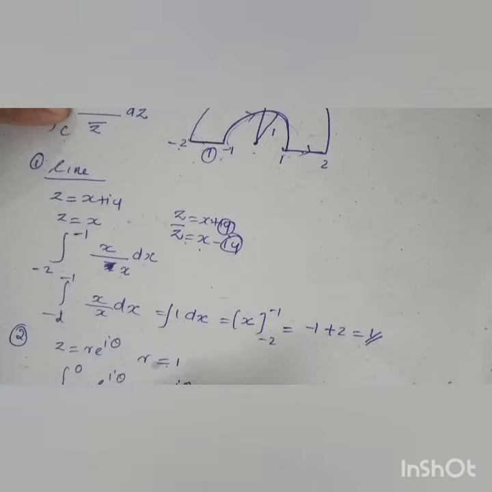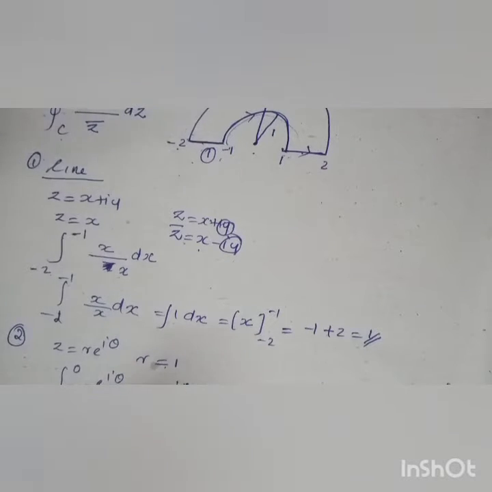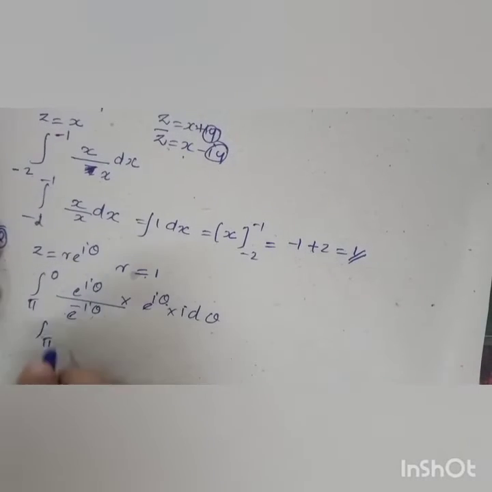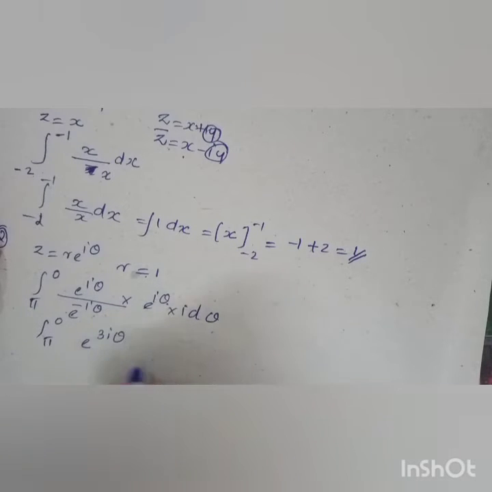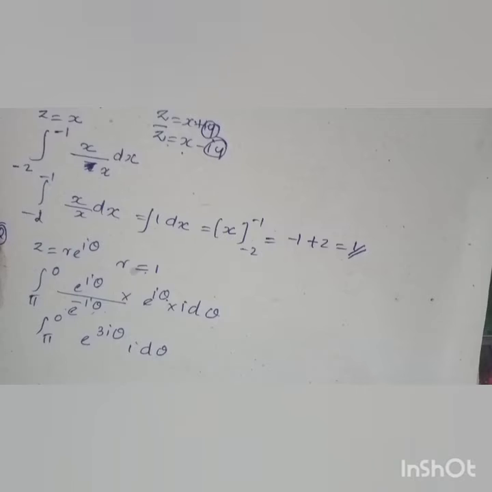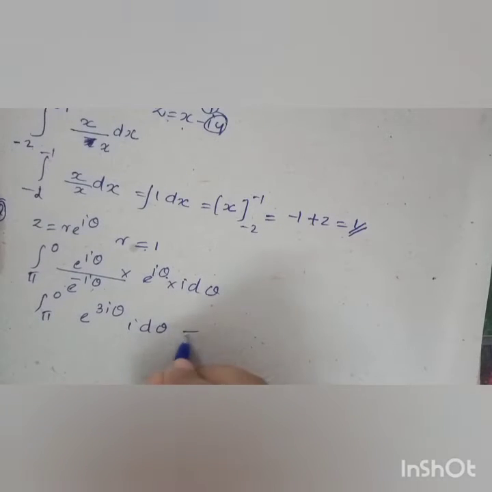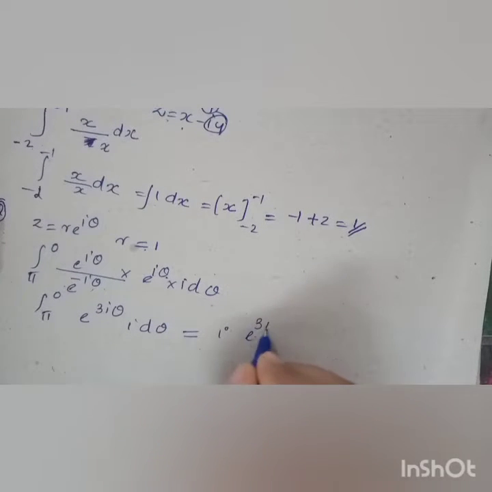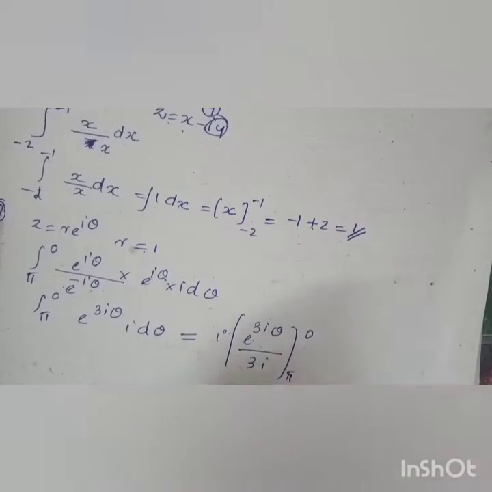So this is e raised to i theta, this is e raised to 3i theta. So the integral from pi to 0 of e raised to 3i theta i d theta. So we get e raised to 3i theta divided by 3i from pi to 0.